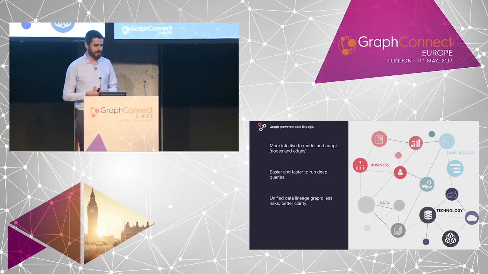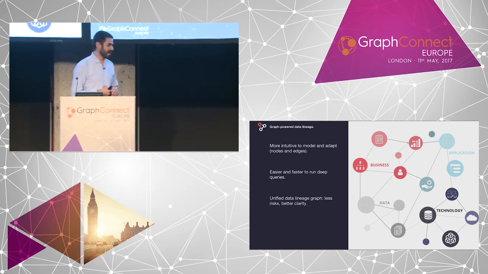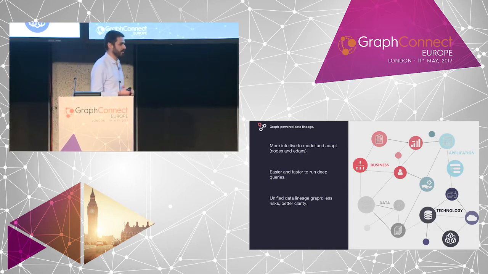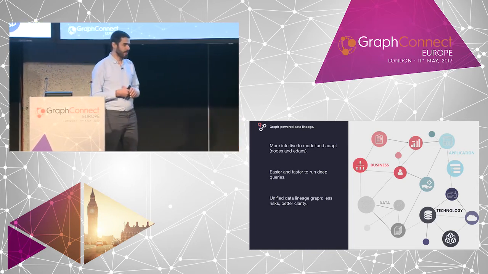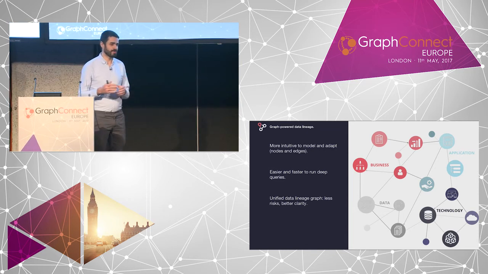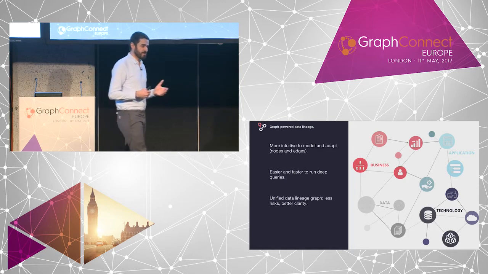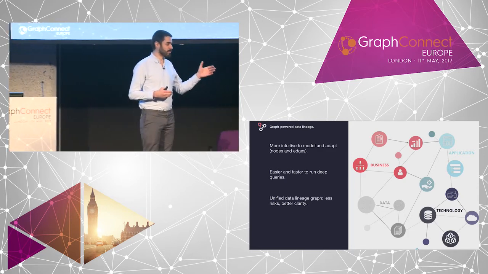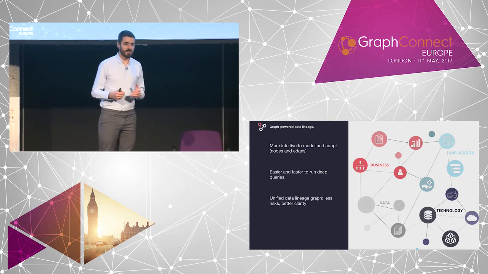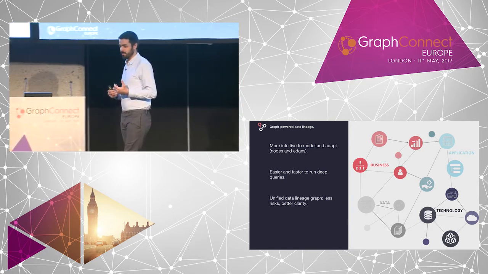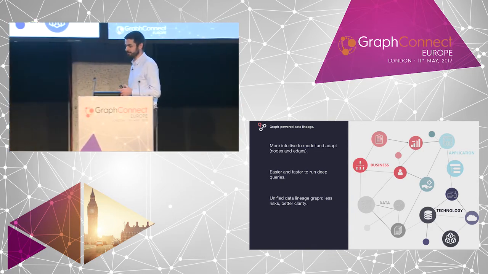Another big thing is that with graph databases, you have the ability to run deep queries with lots of relationships with great performance, without having to pay the price of joins every time you traverse the network. So if you are interested in the shortest path between point A and point B, graph databases can get you an answer very fast.